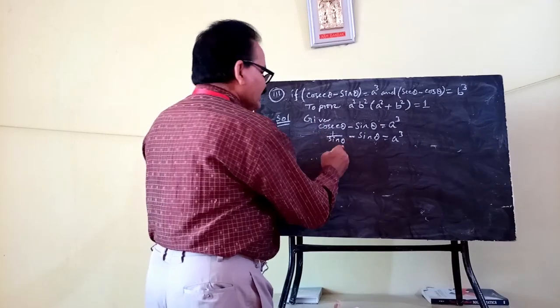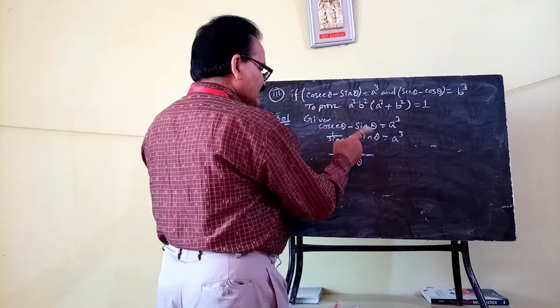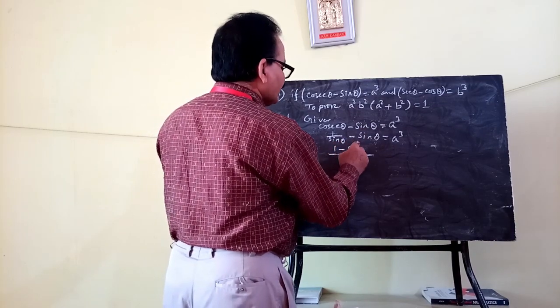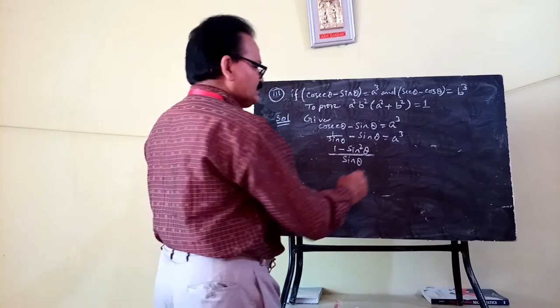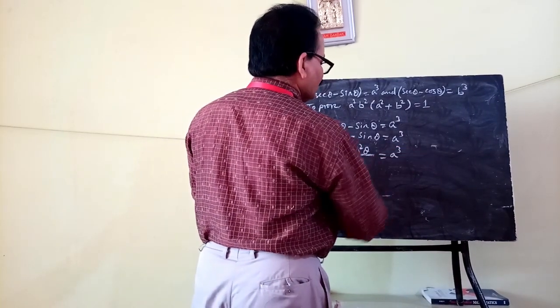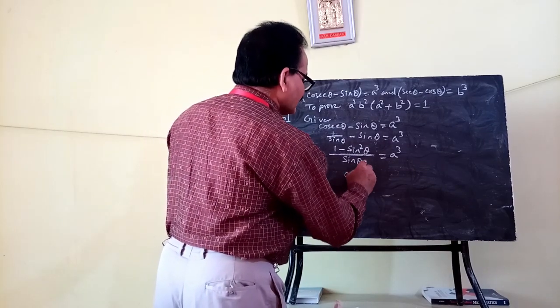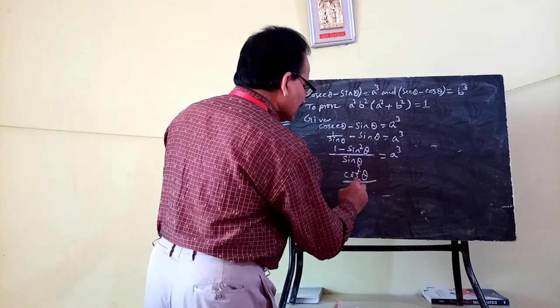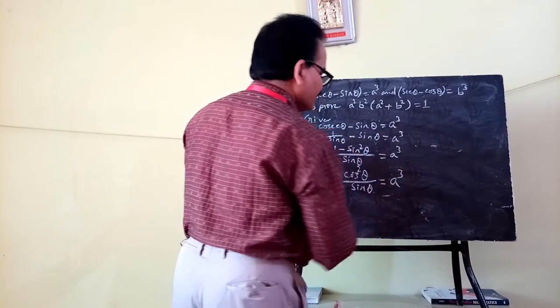Clear? So again you take the LCM as sin theta. So this will be 1 minus sin square theta, because sin theta will be multiplied with this. So this is a cube. So 1 minus sin square theta is cos square theta by sin theta. This is a cube.